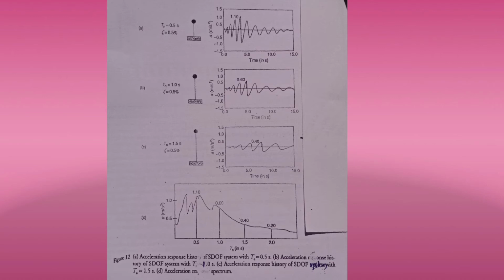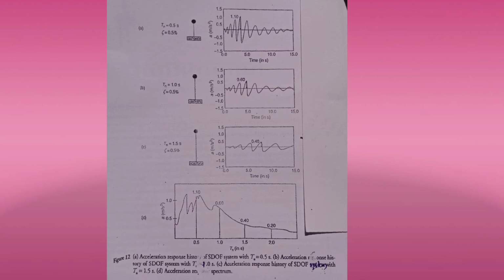Here A, B, C are the response histories. Damping is considered as xi equal to 5%, and the damping remains the same in all the response histories, but the natural periods of the single degree of freedom systems are different.